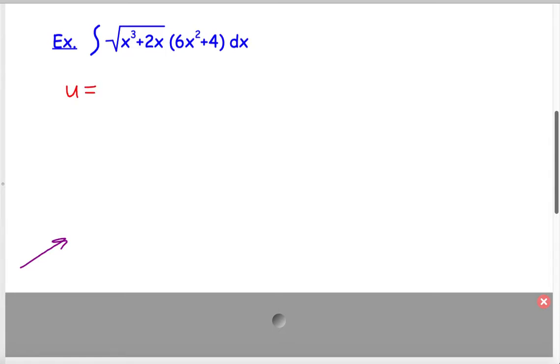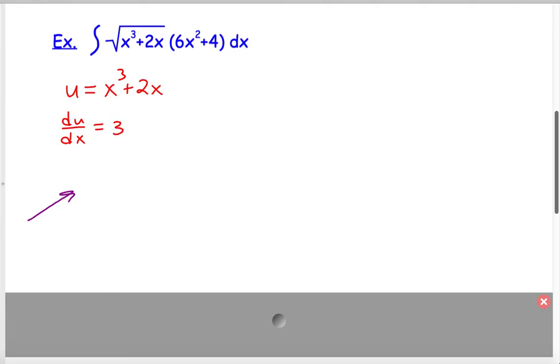What should I let u equal? Well, if you notice, the more complicated part is going to be the square root of x cubed plus 2x. So I know that's what I want to focus on. So let's set u equal to what's inside the square root. Let's try that. x cubed plus 2x. Now let's take the derivative of u with respect to x.